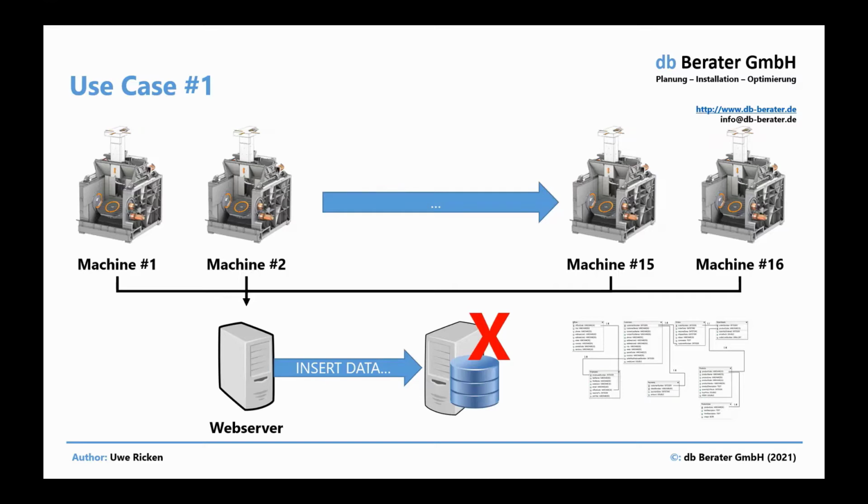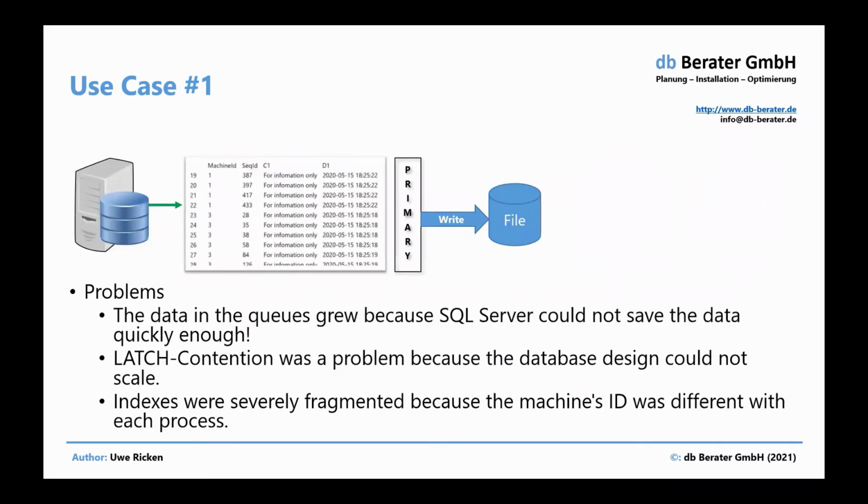The biggest problem is, if you have too many processes hitting the same resource, some of them must wait. And they have to wait until the previous task releases the lock, and then the next one jumps in. And if you have too many of these requests, then you have a queue which is not cleaning fast enough. So this is one thing, and the latch contention was the problem caused by the database design.